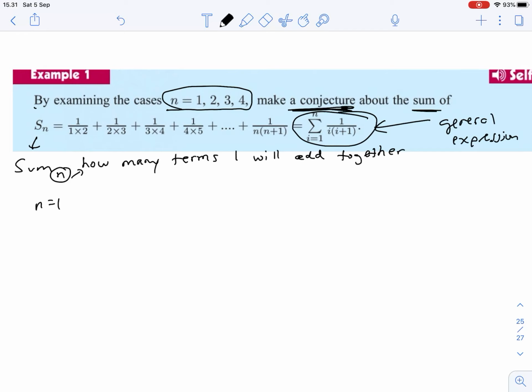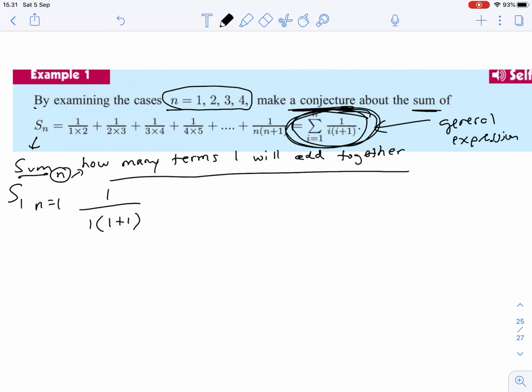So we'll start with n equals 1. Let n equals 1. And so my first term is simply 1 over 1 times 1 plus 1. Now, where did I get this expression from? Well, I got it from right here. We're letting n be 1. That means we're looking at S sub 1. That means we're figuring out what is the sum of the first one term.